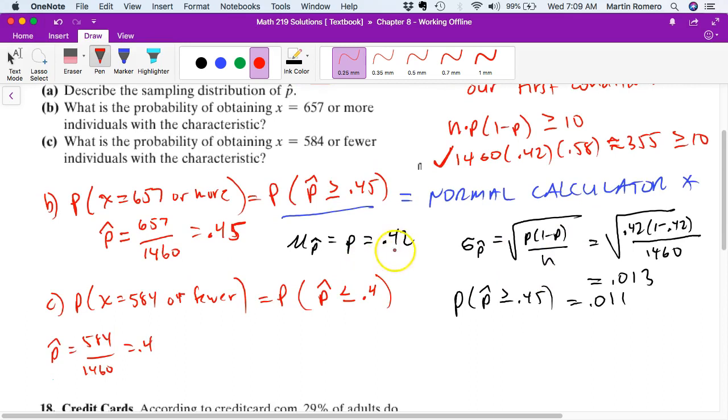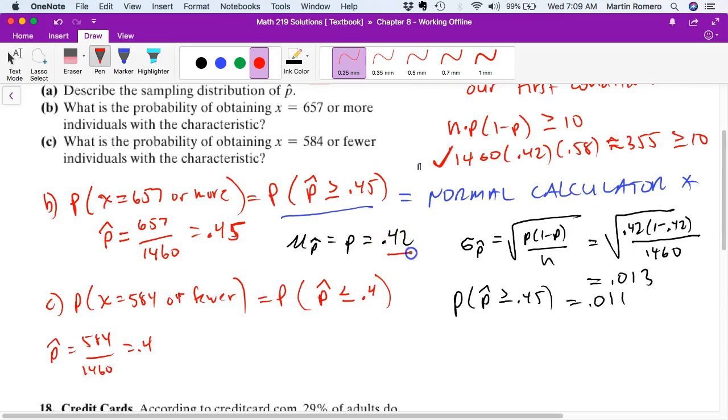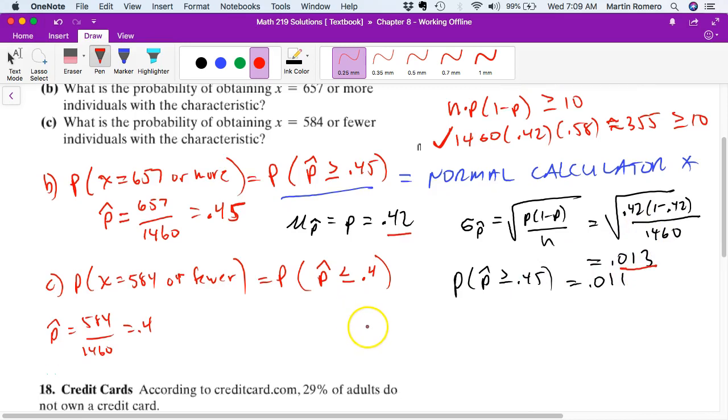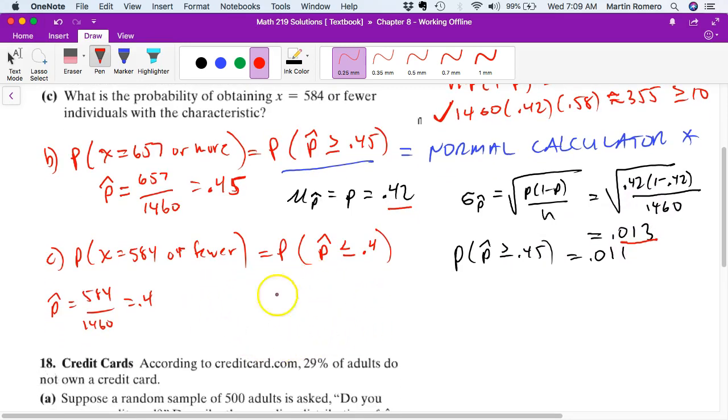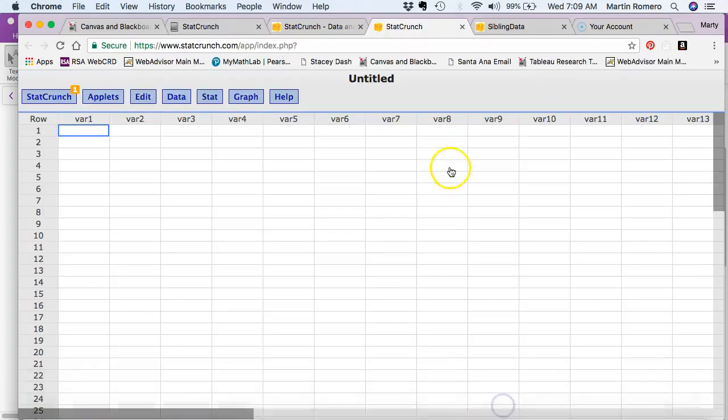We already have the values here: the mean proportion and the standard deviation that we would use, and then we use StatCrunch again. P hat is less than 0.4. That is the value we use, and again we're going to use 0.42 and 0.013 in our calculation.